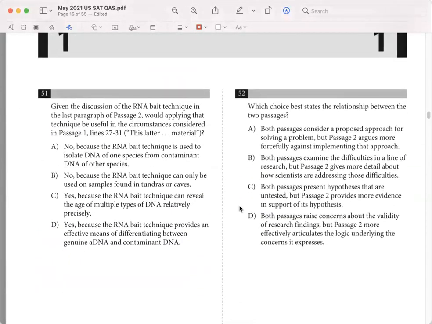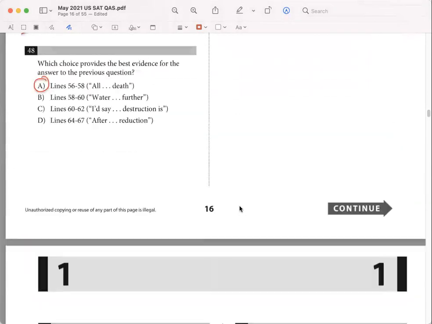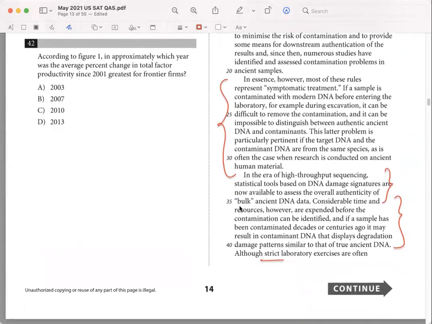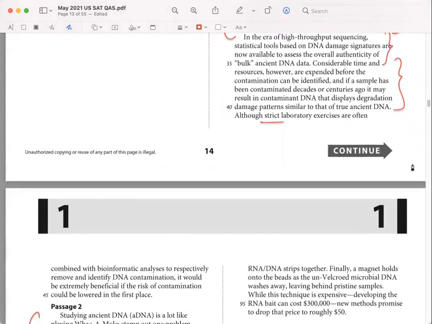Given the discussion of the RNA-based technique in the last paragraph of passage 2, would applying that technique be useful in the circumstances considered in passage 1, lines 27 to 31? Okay, this latter problem is particularly pertinent if the target DNA and the contaminant DNA are from the same species, as is often the case when research is conducted on ancient human material.